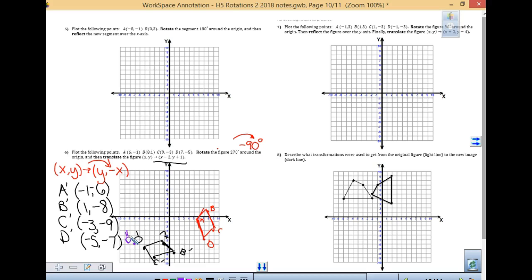And you're going to do the same with each of those points. Move each point back 2 and up 1. And this is the figure that you actually want to highlight or shade in.